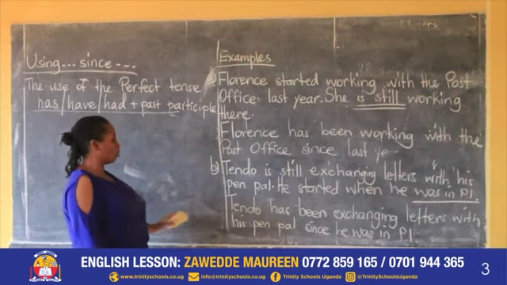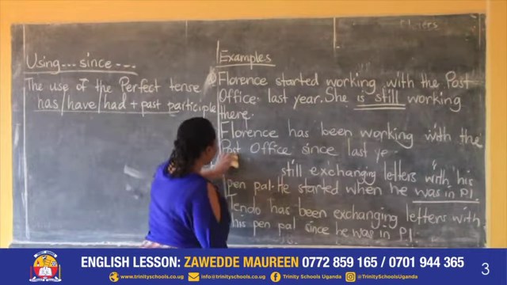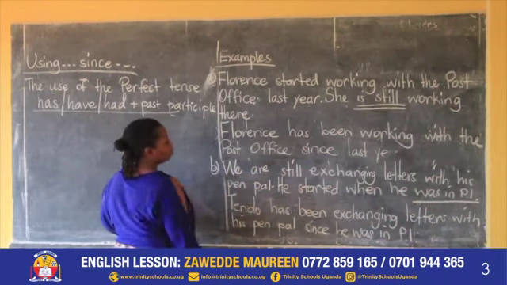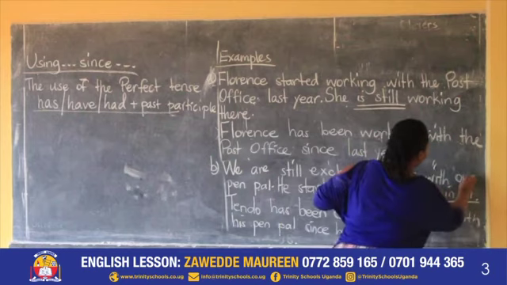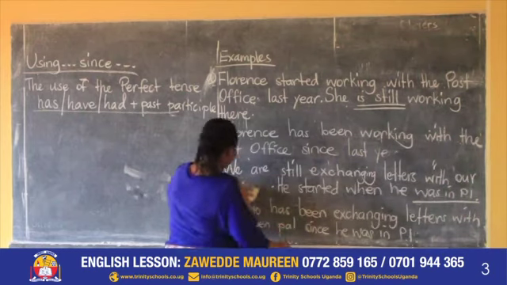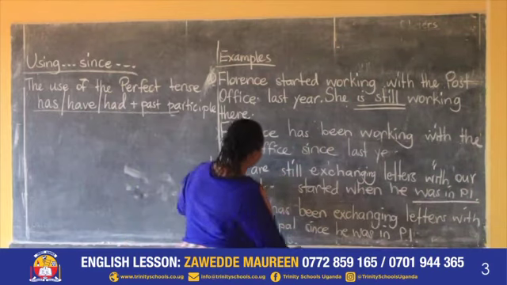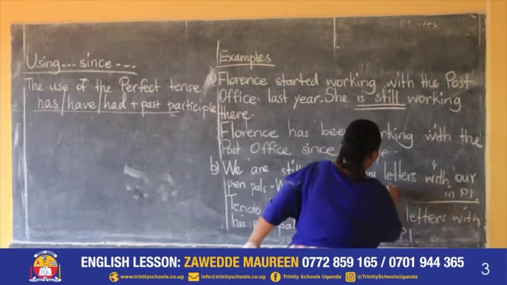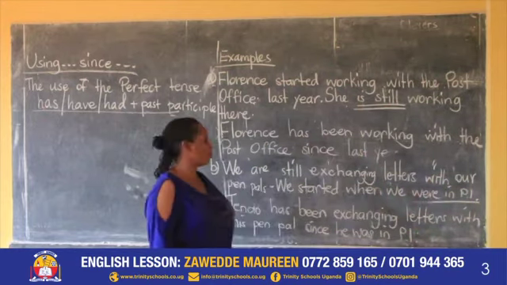So children, we have not been able to use have, but I can still say we are. Instead of Tendo, I can say we are still exchanging letters with our pen pals. We started when we were in P1.